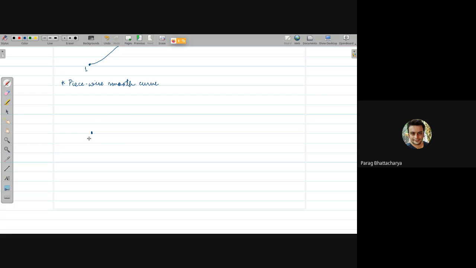You start from point number 1, go like this and reach point number 2. From point number 2, you go like this and reach point number 3. From point number 3, you go in a straight line and reach point number 4. From point number 4, again you reach point number 5. So this is a piecewise smooth curve.